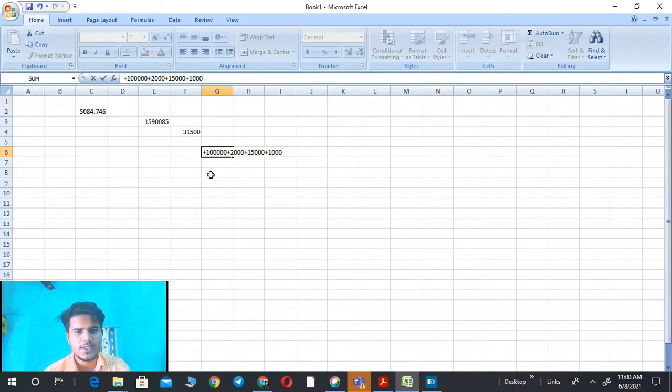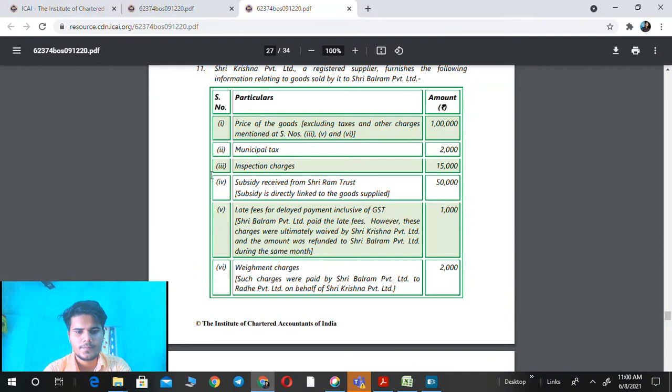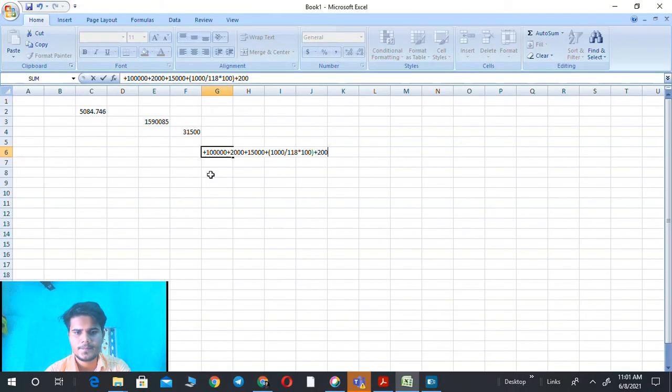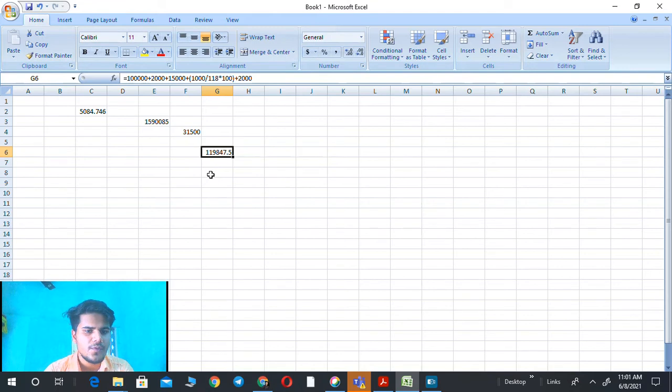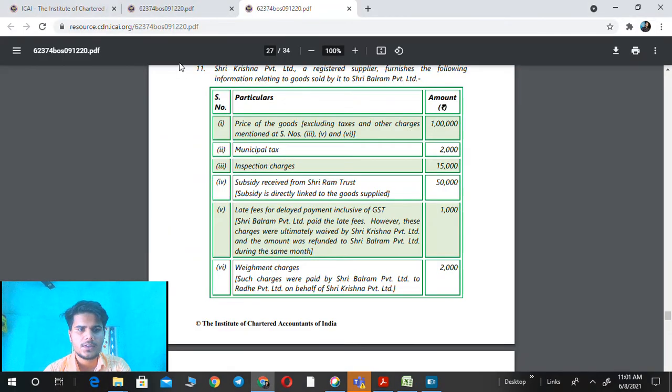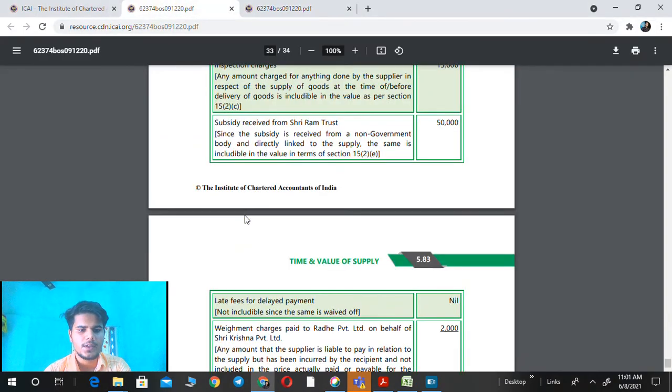So we assume the 1,000 also includes the GST component. Plus 2,000 payment charges. So 119,847 is the answer. 11.